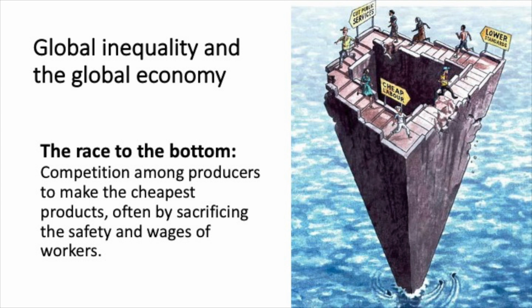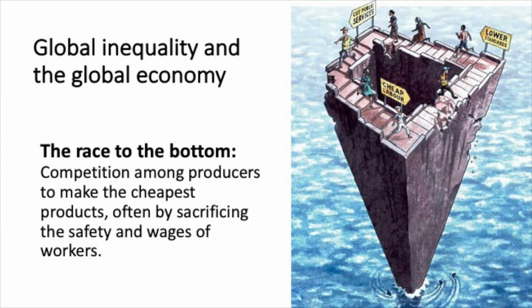These places are going to be drawn more toward products that are going to be cheaper for them to be able to then supply and sell to all of us. So there's competition among these producers to make the cheapest products, and this leads to oftentimes sacrificing the safety and wages of workers, all right? And so we can think of this as exploitation or Marxist exploitation on a global scale.